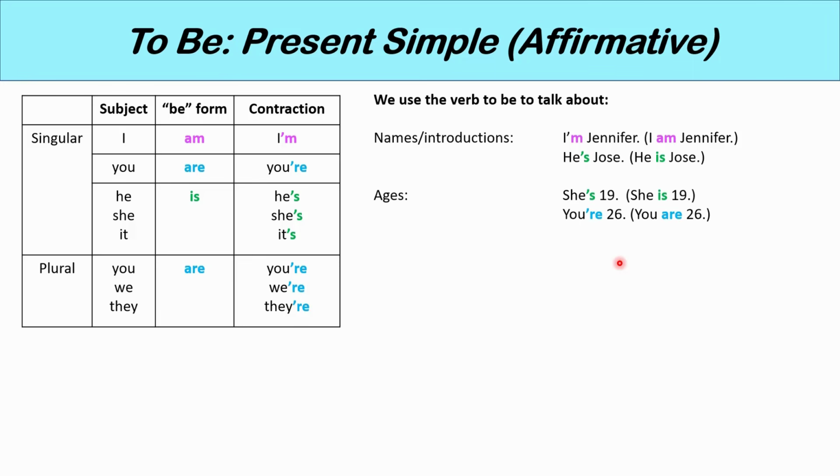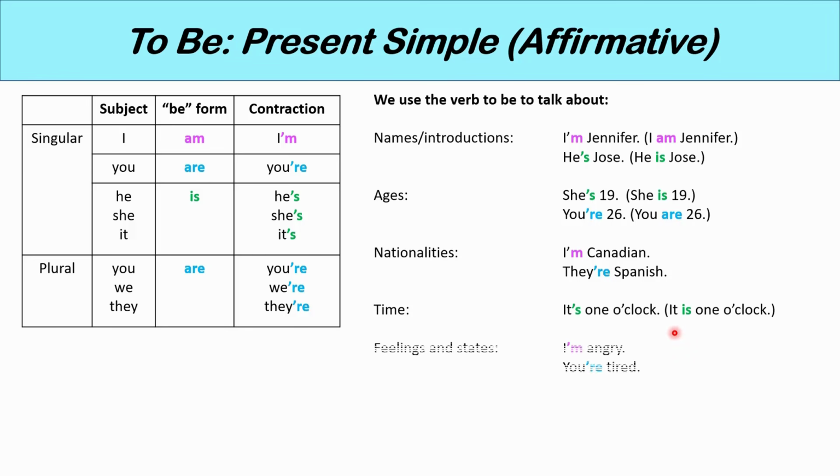We also use the verb to be to talk about ages. She's 19. You're 26. Or nationalities. I'm Canadian. They're Spanish. We also use the verb to be to talk about time. It's 1 o'clock. Or feelings and states. I'm angry.